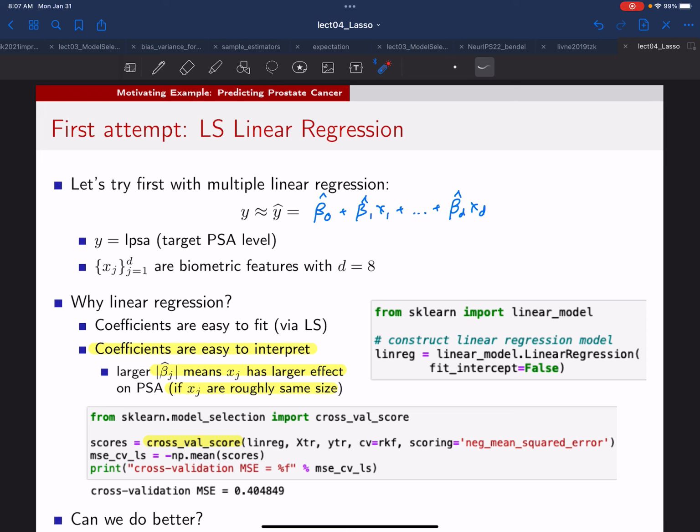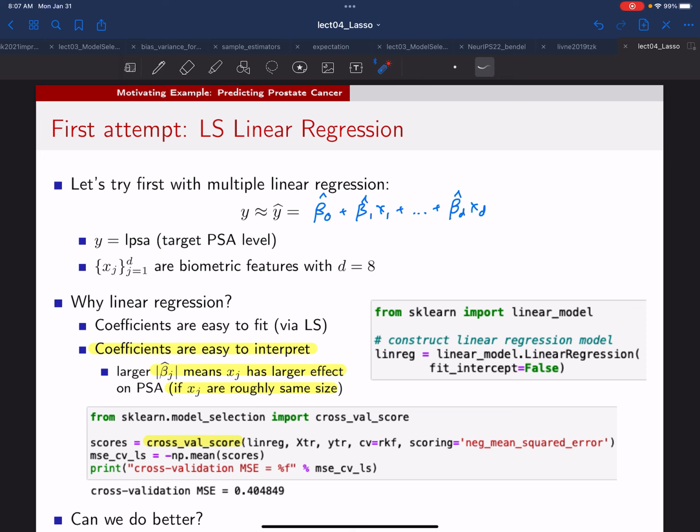The last thing you have to tell cross-val score is what metric you want it to test in the cross-validation. It always wants a score where larger is better. So if you want to do something like RSS or mean squared error, you actually have to tell it negative mean squared error, because larger negative mean squared error would be better.